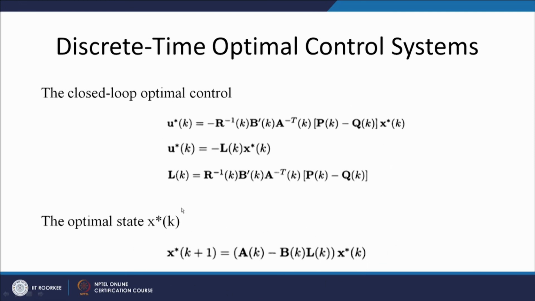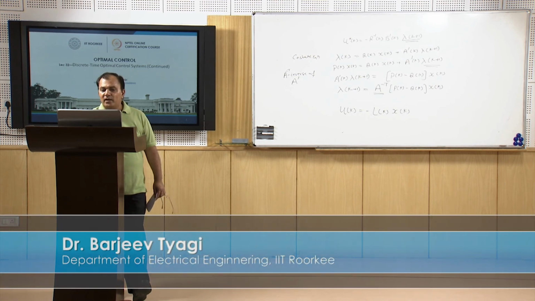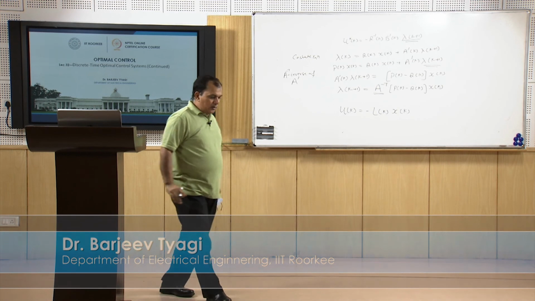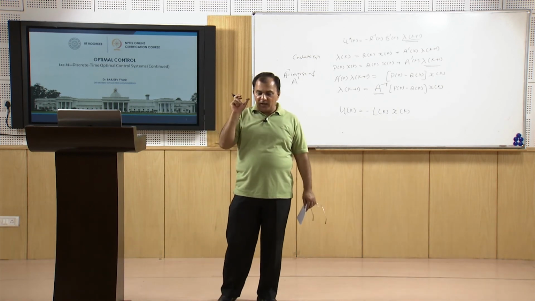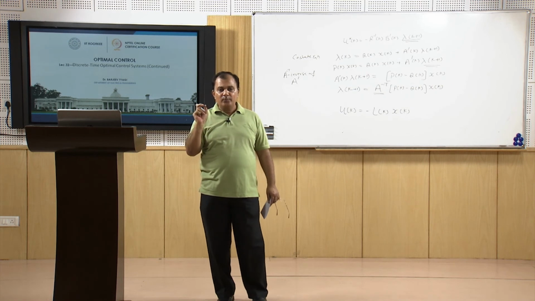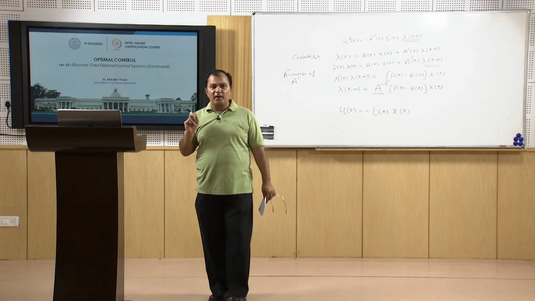Say in this form of the Riccati equation, where I have to use P inverse k plus 1, and in U I have to use the inverse of the A transpose. So, for this, if the inverse of A transpose exists, this means my matrix A should be a non-singular matrix.